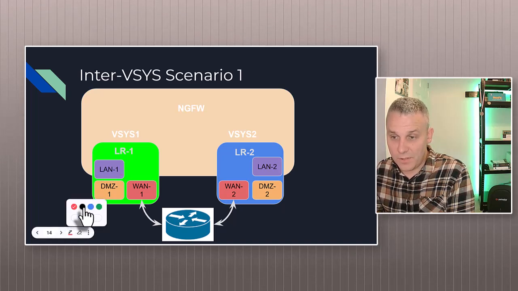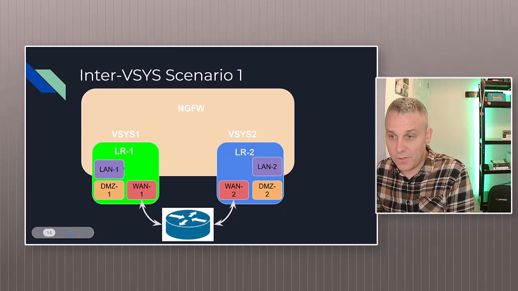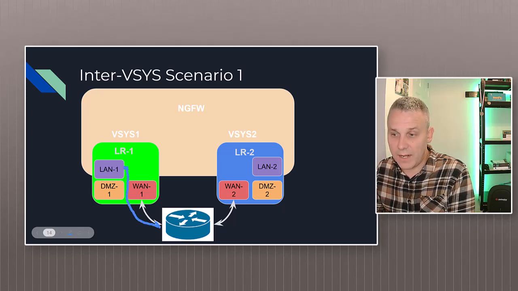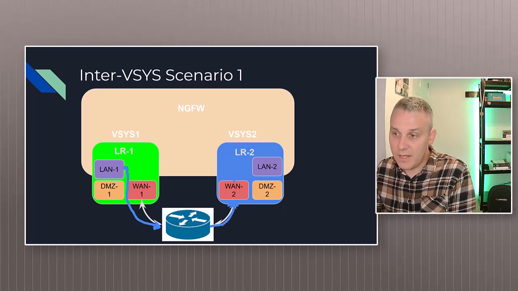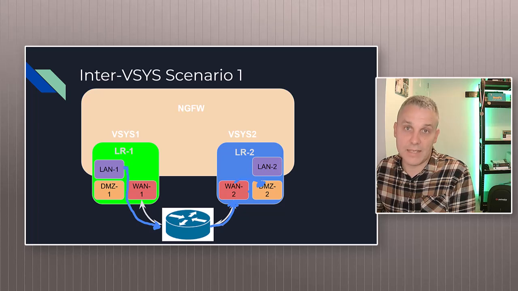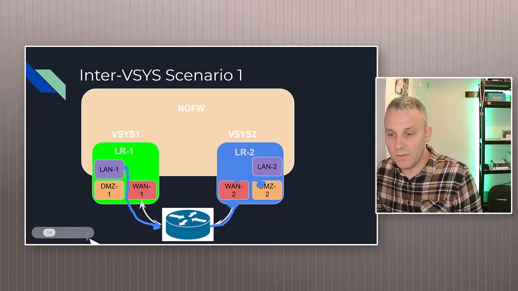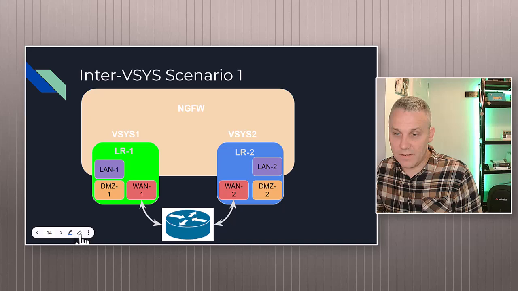If I use the blue for a moment, I have traffic that's going to originate in LAN 1, egress out the WAN 1 interface, and ingress in the WAN 2 interface, and then from WAN 2 it's going to go to DMZ2 by means of a destination NAT policy.